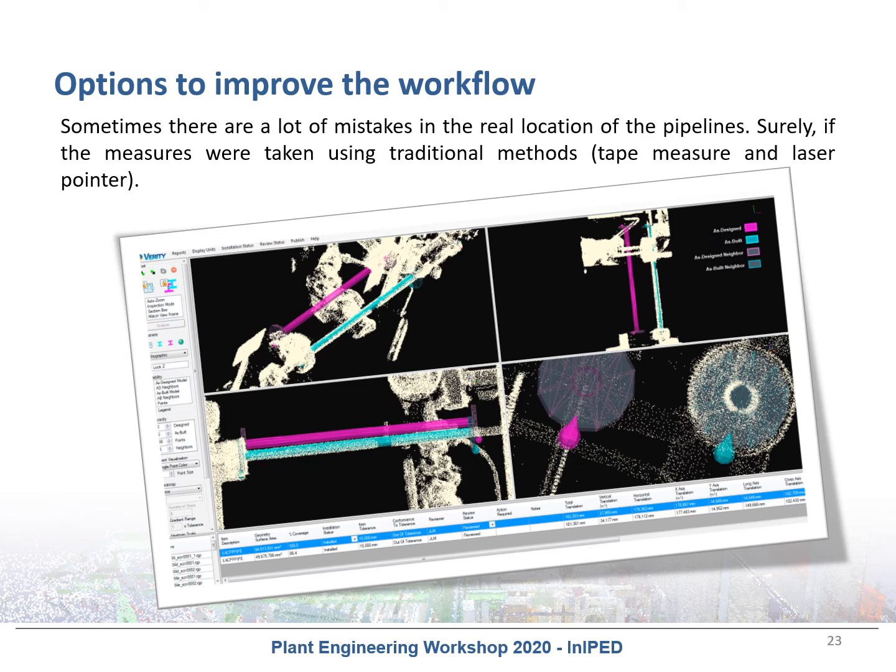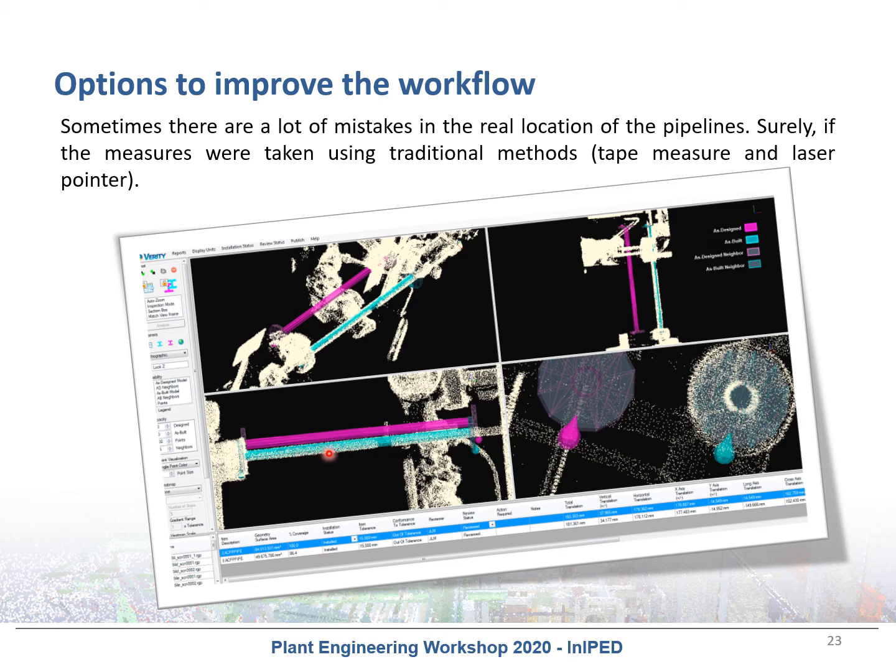If the measures on the field were taken using traditional methods, surely you will have errors in the locations of the pipes in your 3D model. The next picture shows you in purple color where the pipe is located in the 3D as-built model, and in blue color where it's supposed to be.